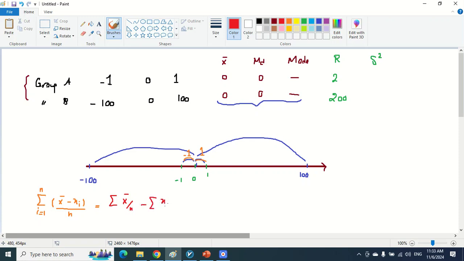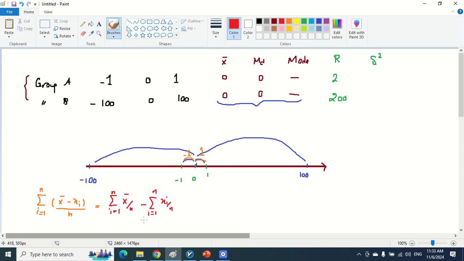I can write it like this because it's a property of summation, meaning I can split it, like adding two numbers. It's the associative property of adding numbers, a property of real numbers, so I can split them and write them as two summations.